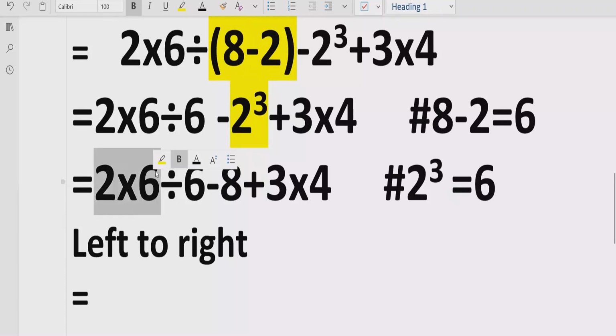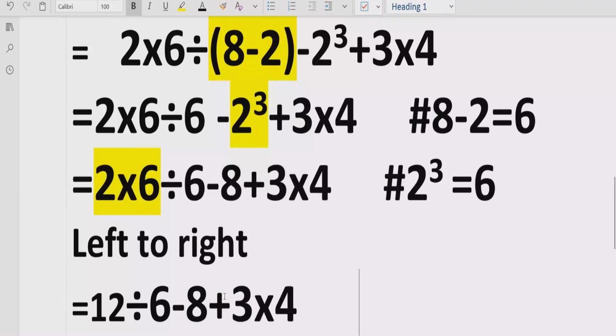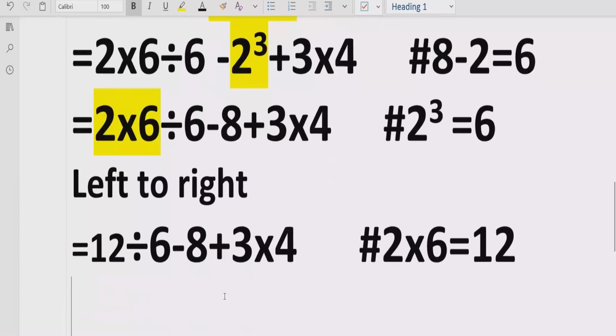First we have this multiplication, so we will solve this part first. 2 multiplied by 6 equals to 12, and the other part, divided by 6 minus 8, we will write as it is. Here we will give the reference 2 multiplied by 6 equals to 12.